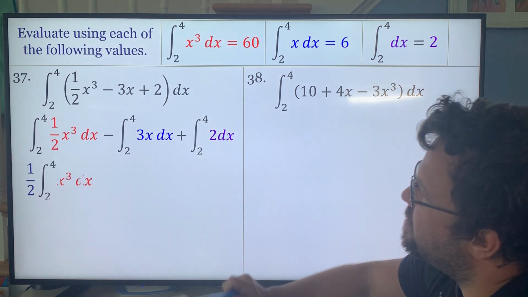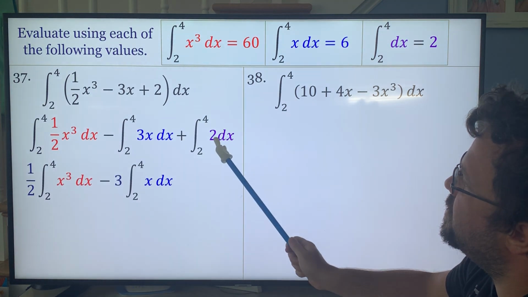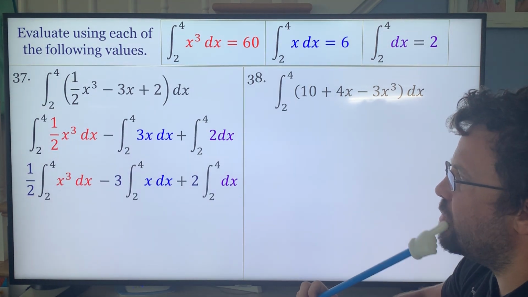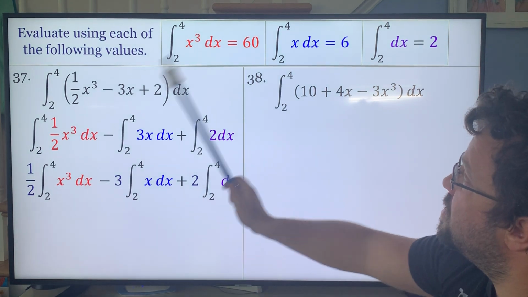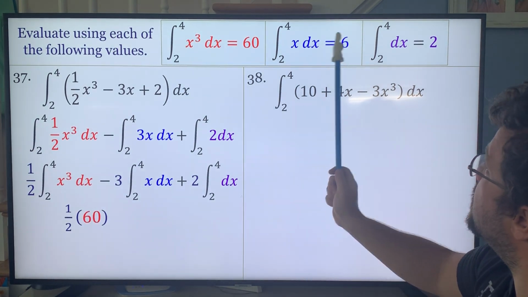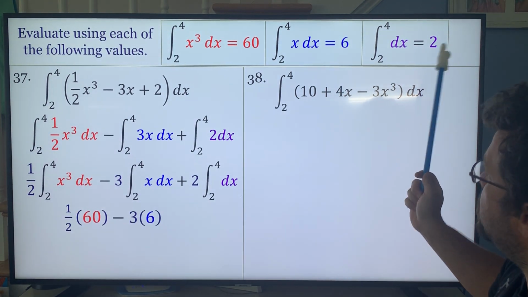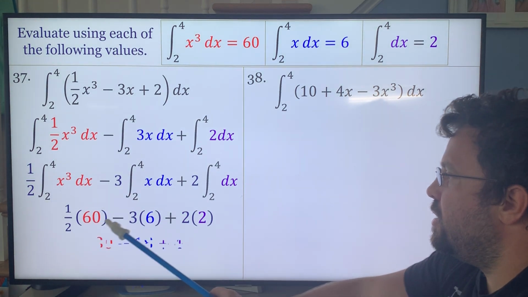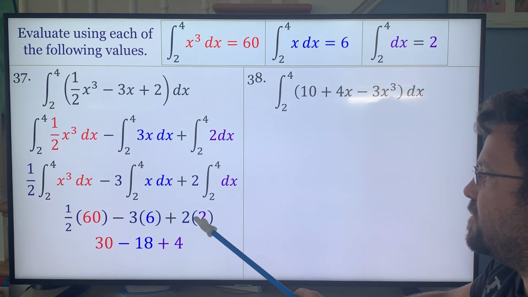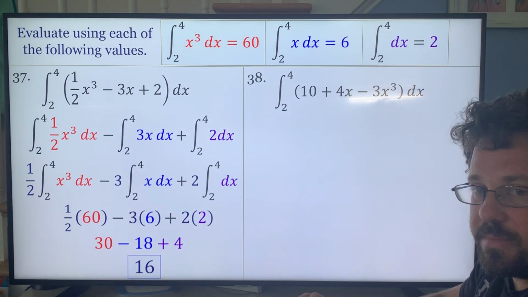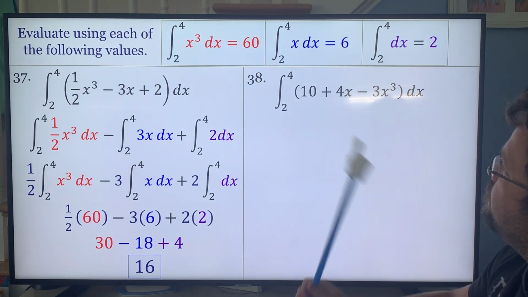Pull the half out, pull the 3 out, pull the 2 out. Right? All constants. 60, 6, 2. 30, minus 18, plus 4, 16. Okay.